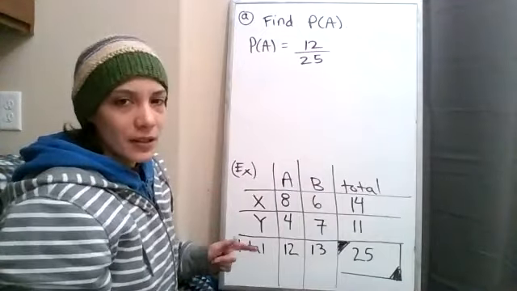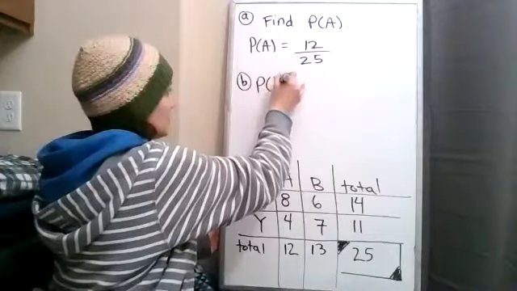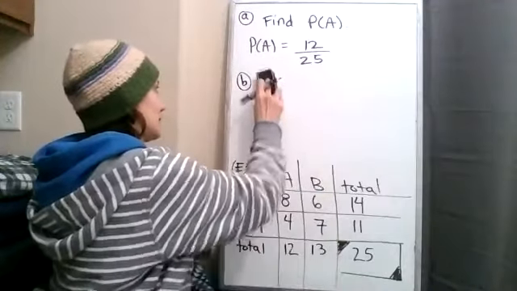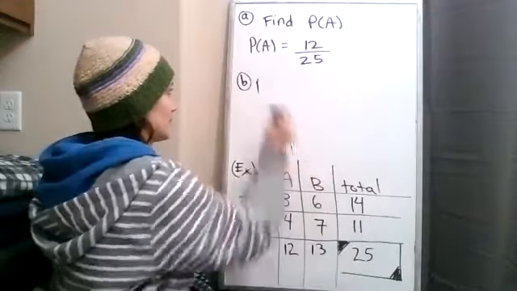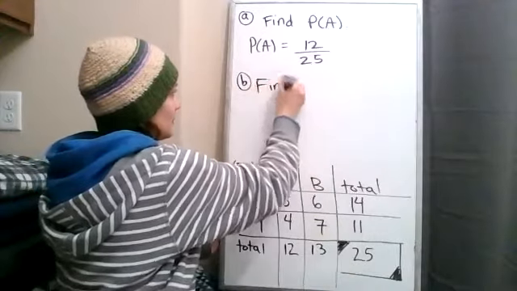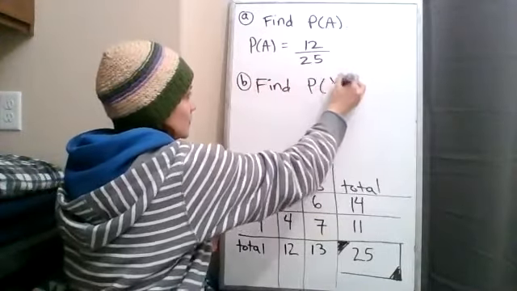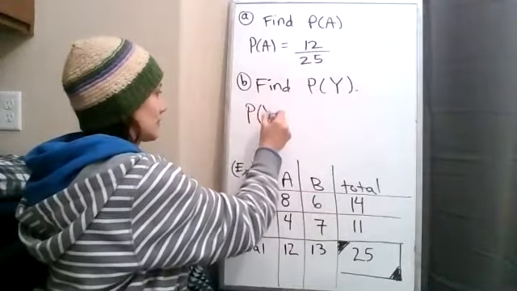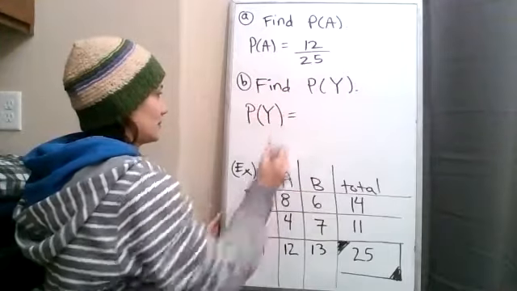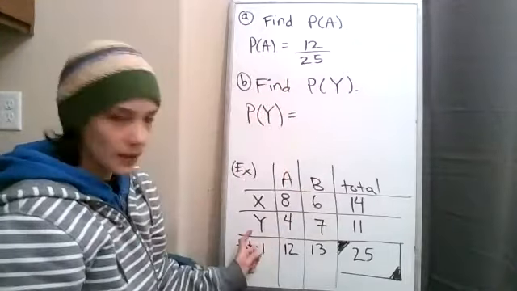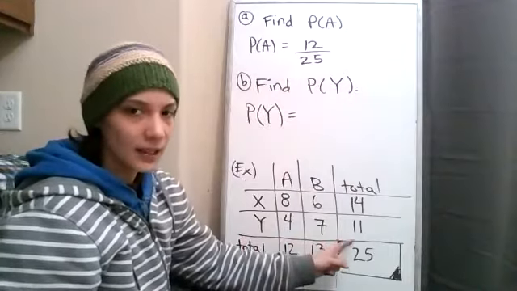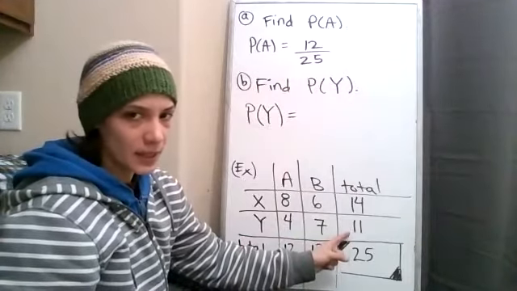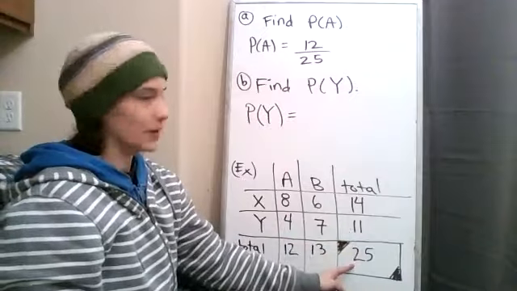Okay, let's do another one like this. Let's do the probability for Y. Y has 11 possible outcomes, and then take that number out of the total possible outcomes.